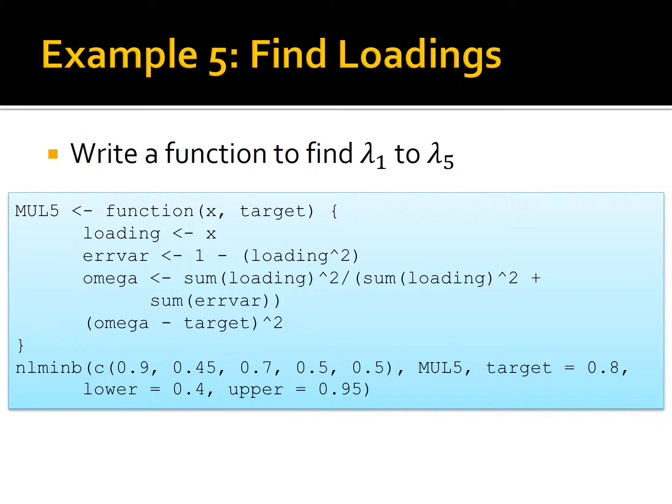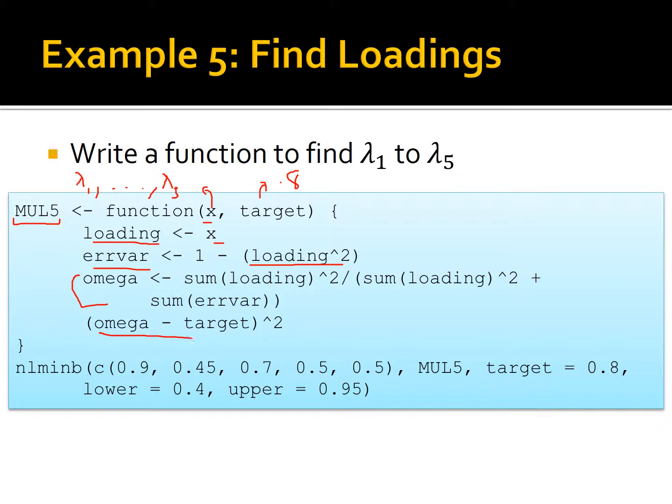So mod5 is a function of x. X has 5 elements, lambda 1 to lambda 5, and the target reliability is 0.8. The loading is assigned as x, and the error variance is 1 minus the square of the loading, and we can calculate the omega.